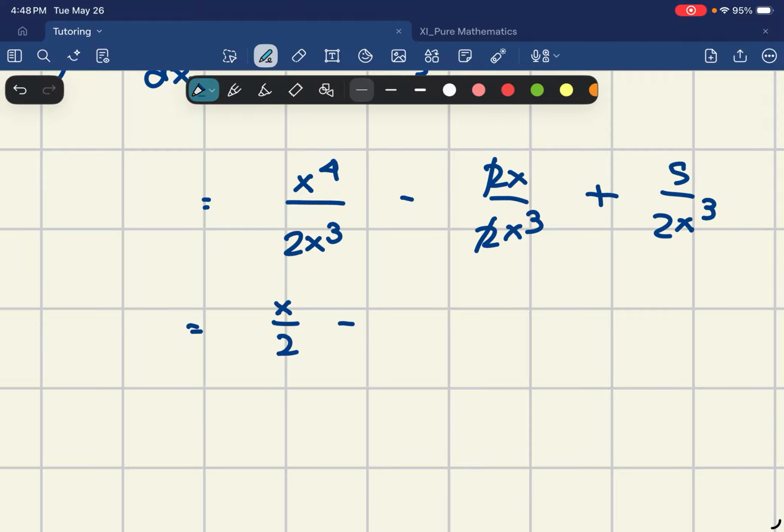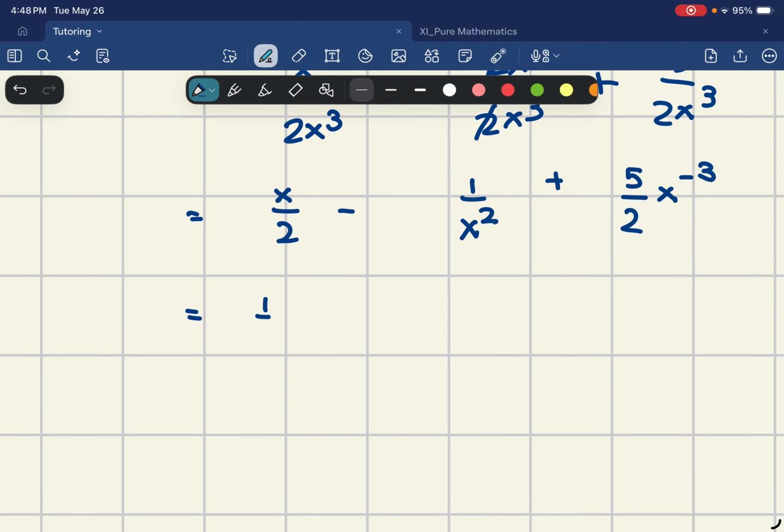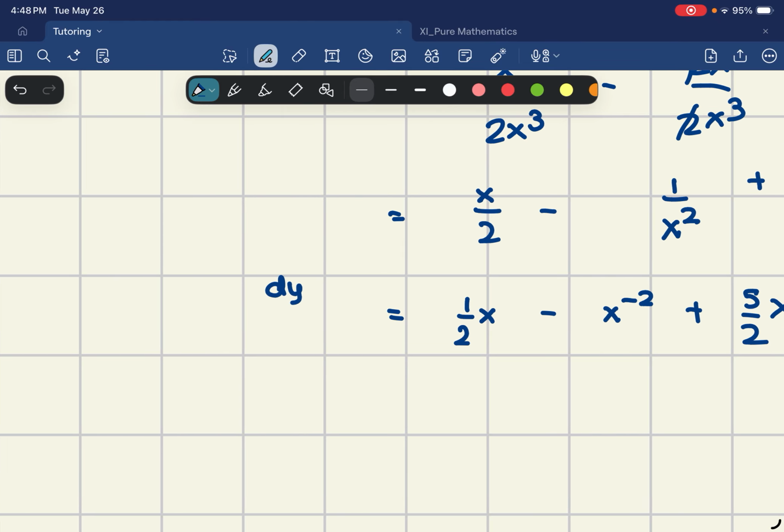These two are going to cancel out, and 1x cancels out from the numerator, so you are left with this expression. And finally, you have 5 over 2, and you can write x cubed in the denominator as x to the power minus 3. Now, further simplifying, you get half x minus x to the power minus 2 plus 5 over 2 x to the power minus 3. So this is dy by dx.